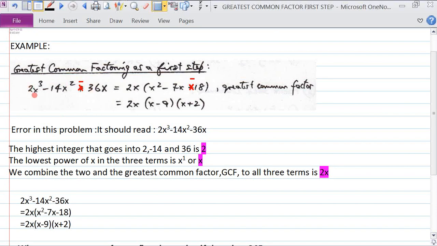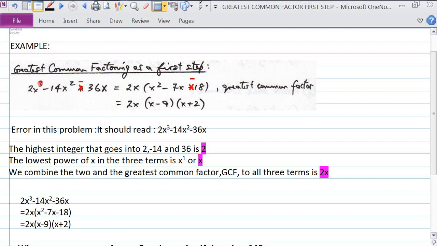If I look at 2x cubed, 14x squared, and 36x, I first of all ask myself, what's the highest integer that goes into 2, 14, and 36? And the highest integer is 2. So the highest integer that goes into each of those coefficients, 2, minus 14, and 36, is 2.